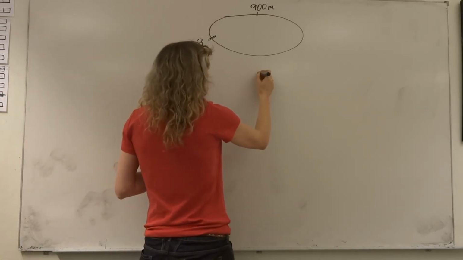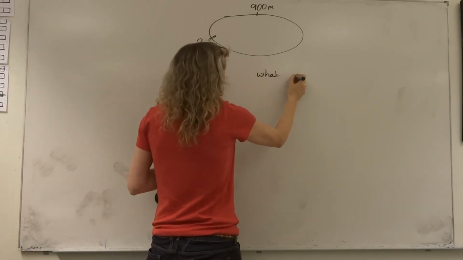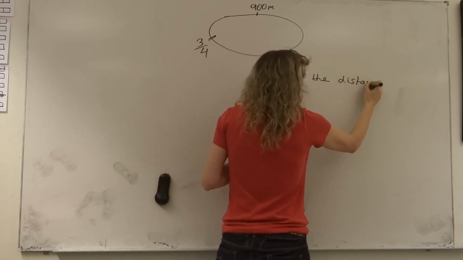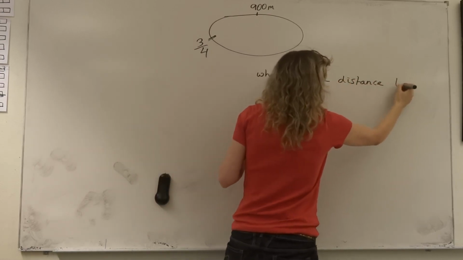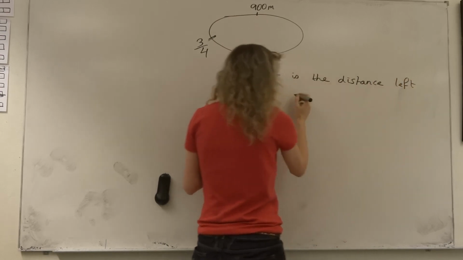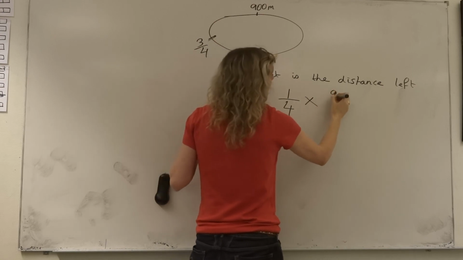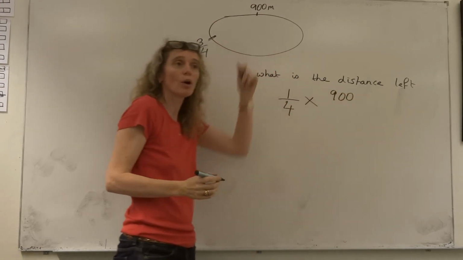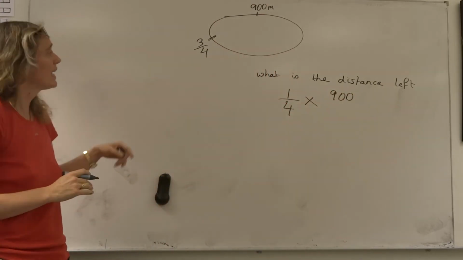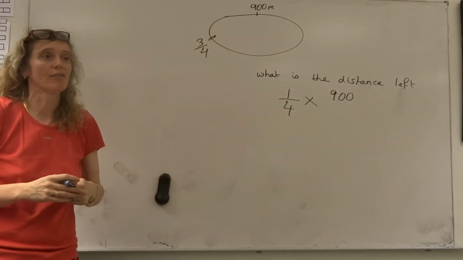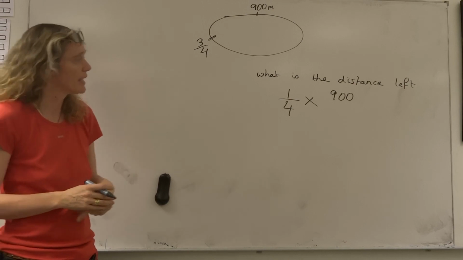So we want to know what is the distance left. So what we're really trying to find out is what 1/4 of 900 meters is, because we've only got 1/4 left. So it's easier to work out 1/4 than 3/4 and then subtracting that from 900. So I think this is the easiest way.